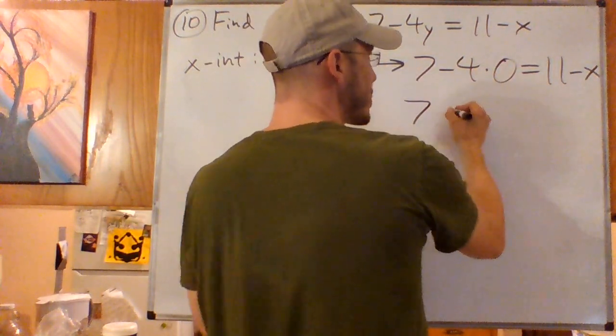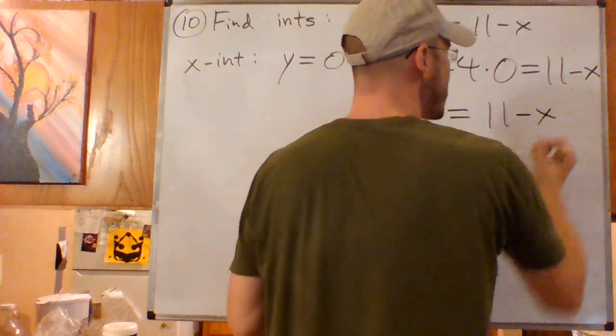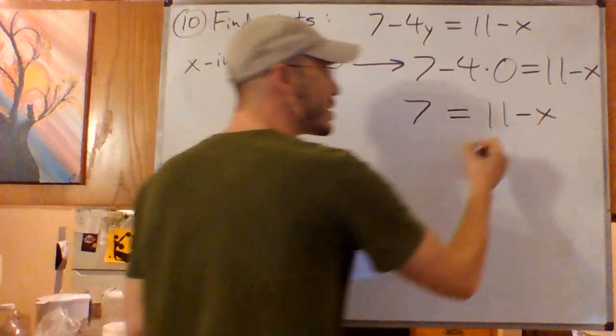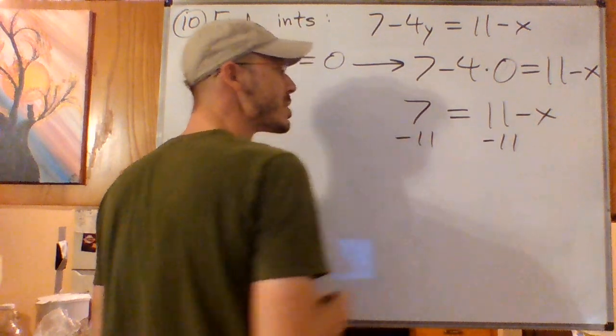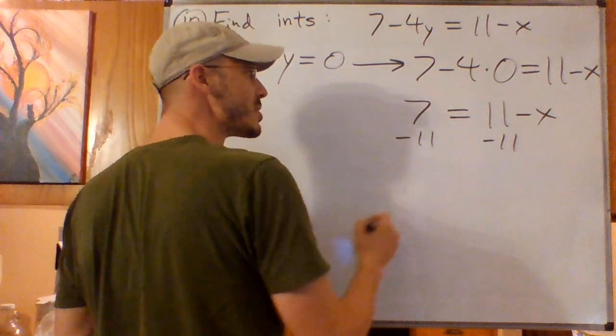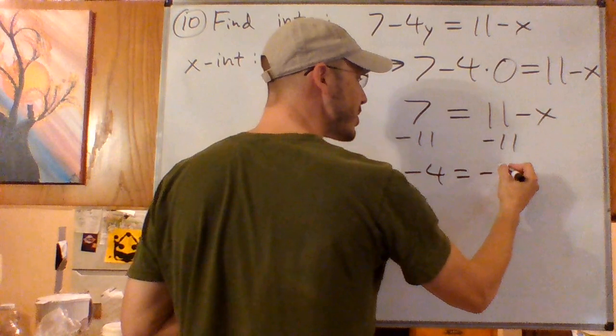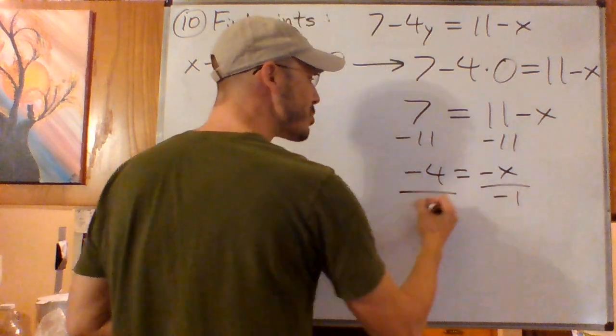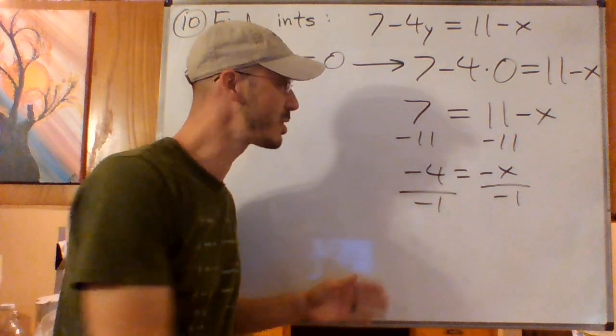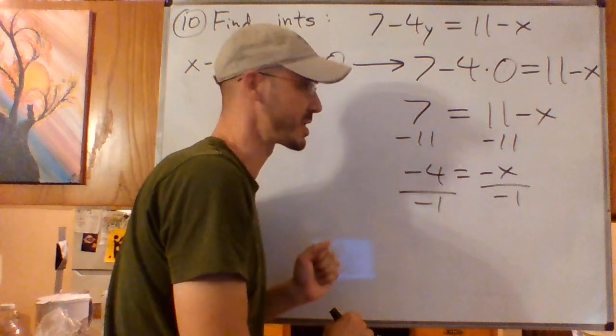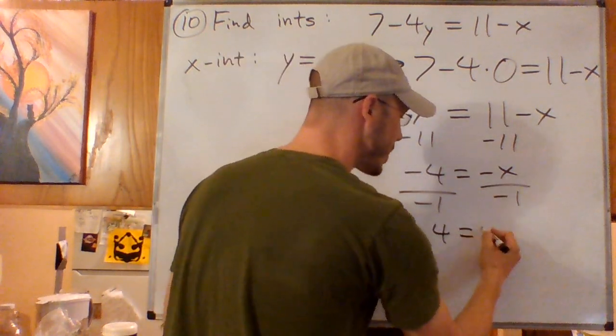4 times 0 is 0, so 7 equals 11 minus x. There's more than one way to do this, but if you subtract 11 from both sides, you get negative 4 equals negative x. And divide by negative 1 or multiply by negative 1, you can even just cancel out the signs. 4 is the x value.